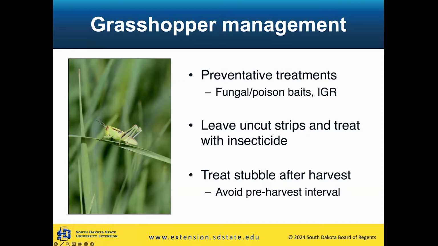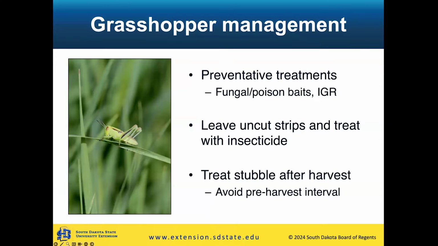So for grasshoppers, we can do some preventative treatments. You can use fungal or poison baits. There's a couple options there. The poison baits, I think it's typically carbaryl that's the active ingredient of those. Those baits are like bran flakes or pellets, and they'll have an insecticide on them, so the grasshoppers will consume those pellets and then get poisoned by the insecticide.